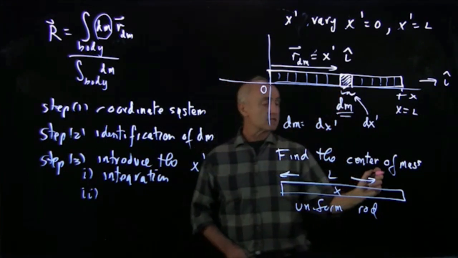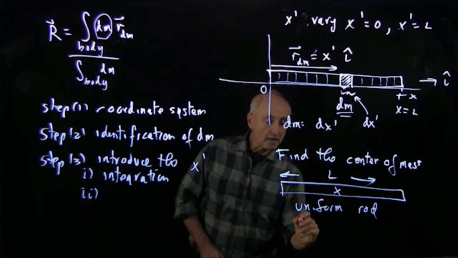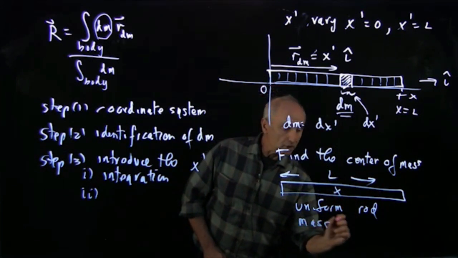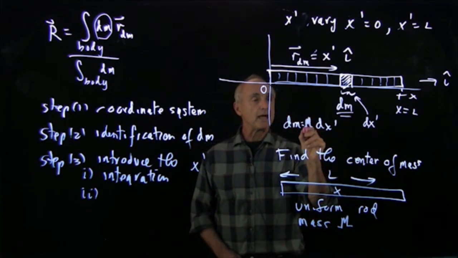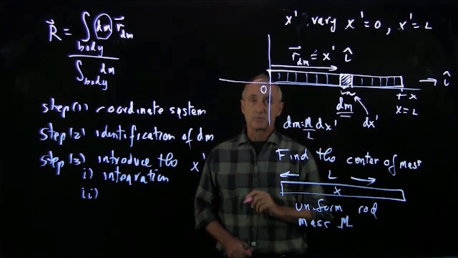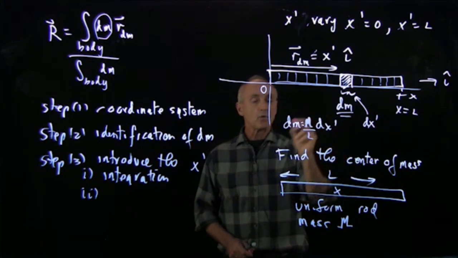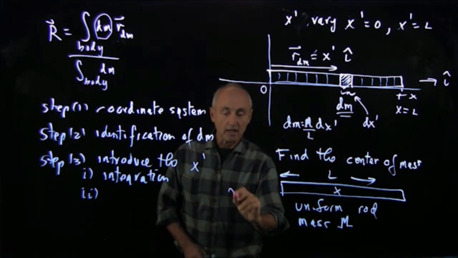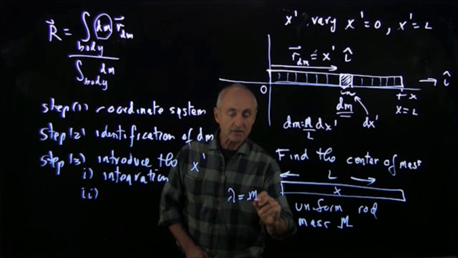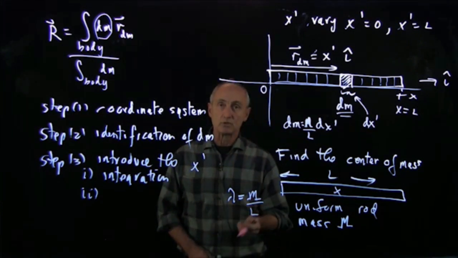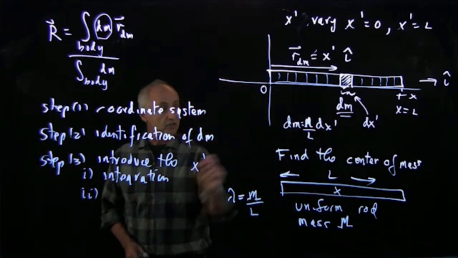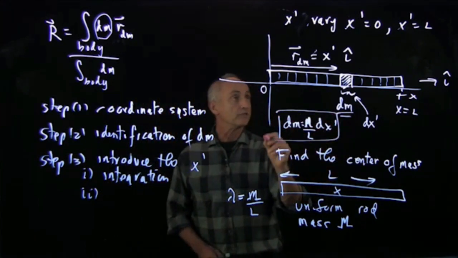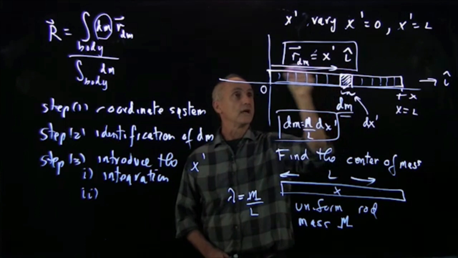And if the whole object is a uniform rod with a mass capital M and a length L, then it's just given by M over L dx prime. And this quantity, M over L, is an example of a linear mass density, which we have a skill challenge about. So I have two places where my integration variable has been introduced.